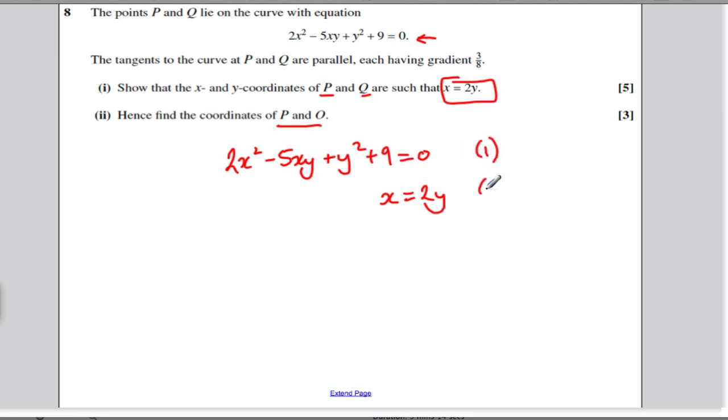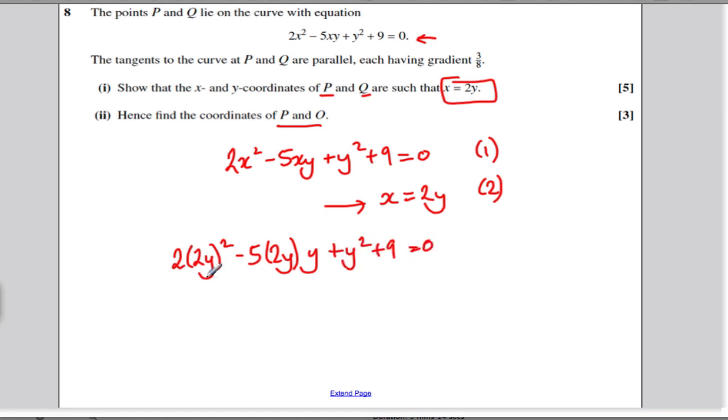We have two equations with two unknowns, so we can solve them simultaneously. Do a substitution. Wherever you see x in the top equation, write 2y. So that's 2y squared minus 5, instead of x write 2y, and keep your y there, plus y squared plus 9 is 0. Okay, times it all out.